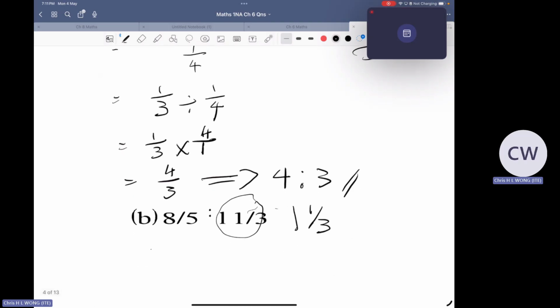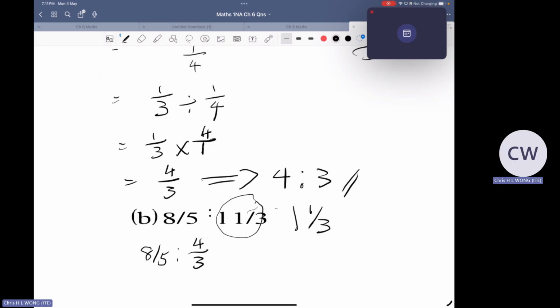I will have 8/5 is to 1 and 1/3, which is 4/3. I can start with this, right? Do you know how I got this? You stem from here. 1 times 3 is 3 plus 1, 4/3.